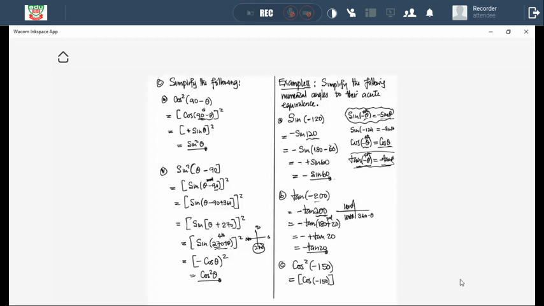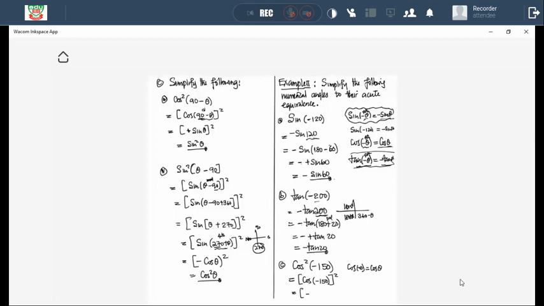Close that. Then you say all squared, right? But this is a negative angle. From the identity, we know that cos of a negative theta is just cos theta.